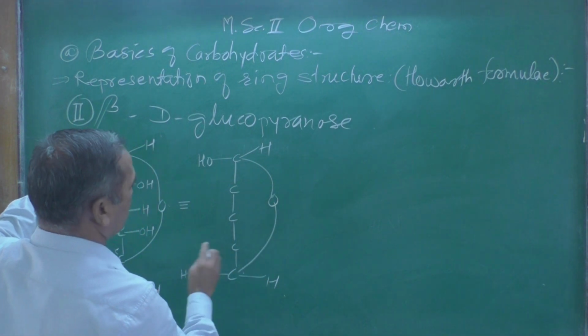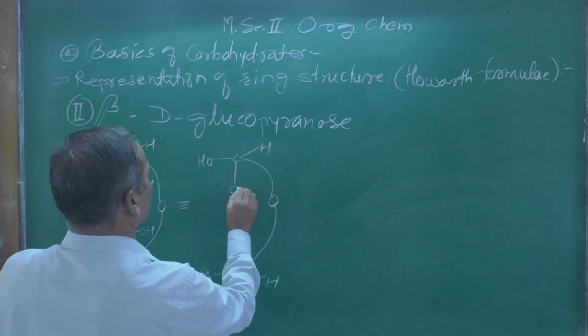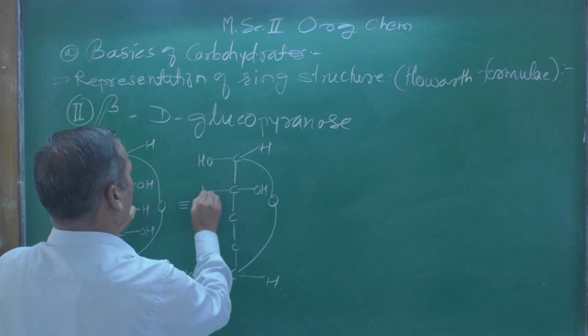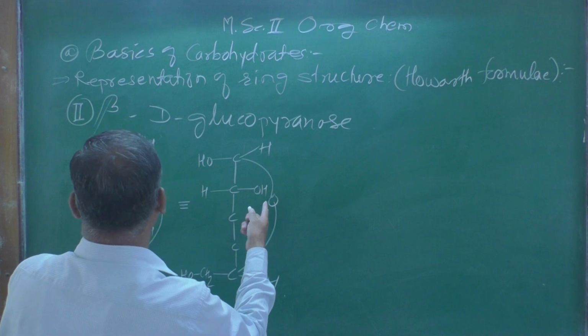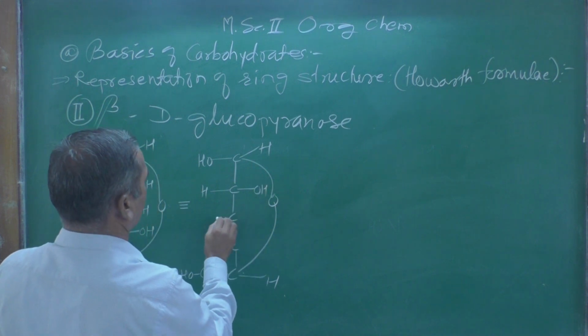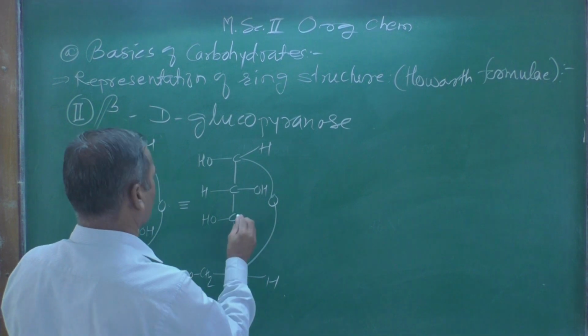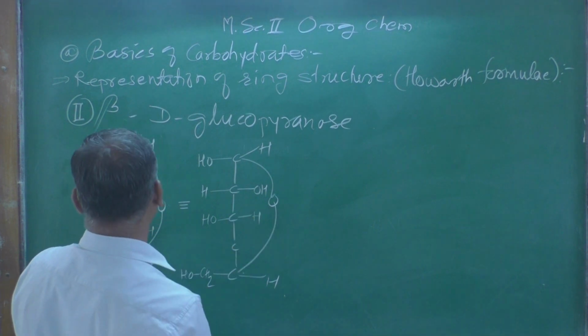Then we can write the structure like this. Now the other things remain as they are. At carbon number 2, the hydroxy group is on the right hand side. At carbon number 3, the hydroxy group is lying on the left hand side.